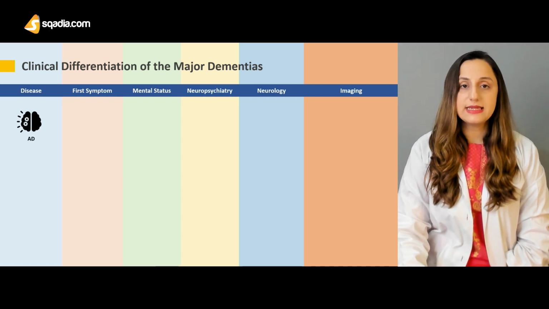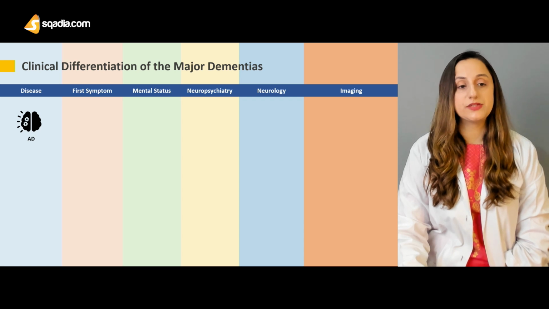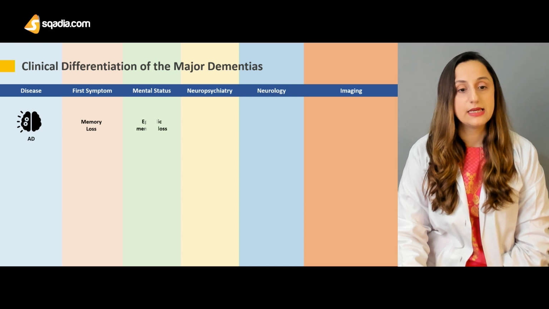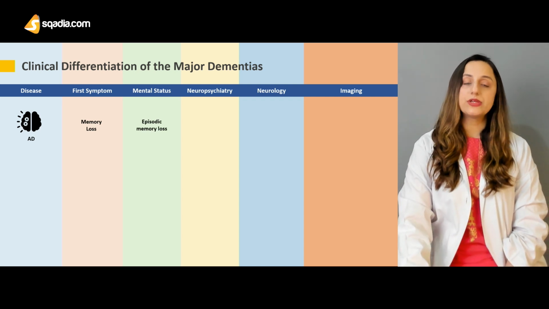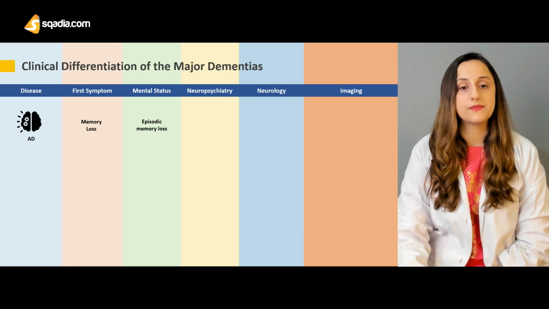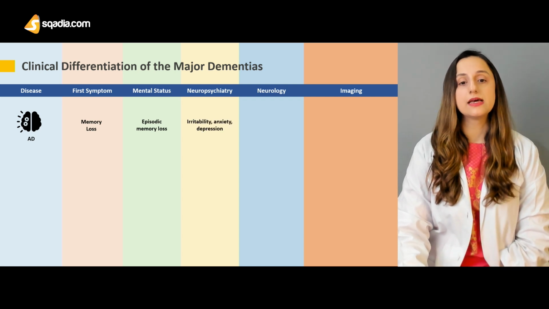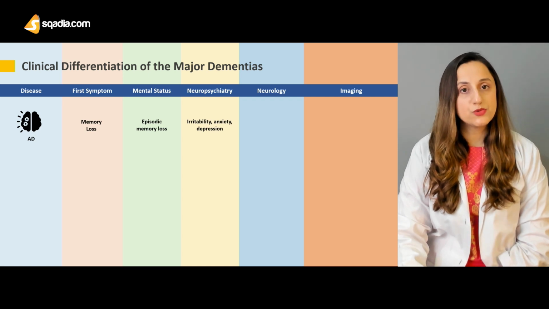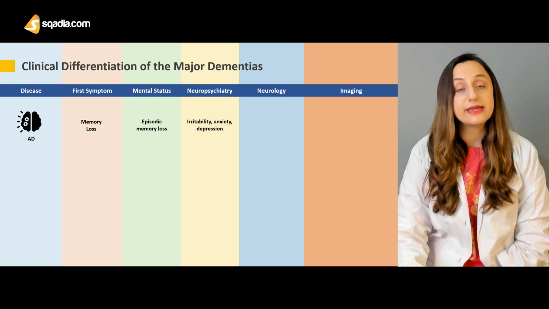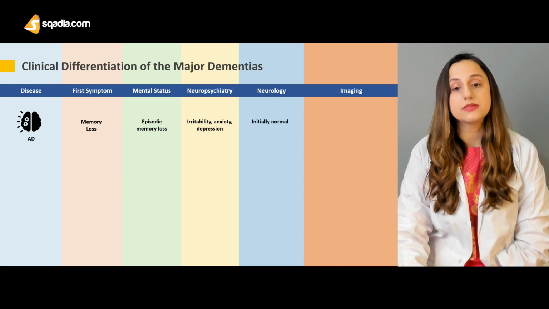So Alzheimer's disease is one of the kinds of dementia, and the very first symptom over here is memory loss. There is going to be an episodic memory loss in patients of Alzheimer's disease, which is very specific for these patients. Patients are also going to be suffering from irritability, anxiety, and depression. So these are going to be the associated signs and symptoms.